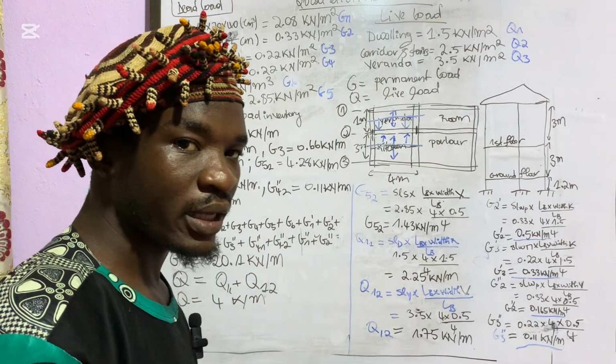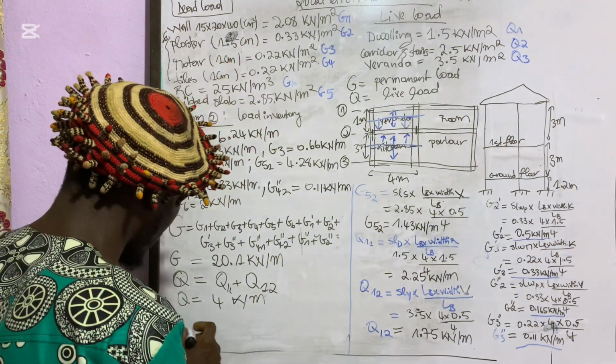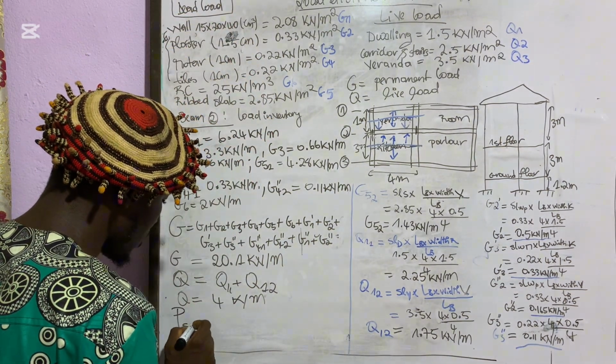Now to have the load applied on beam 2 at the serviceability limit, you call it Pser.